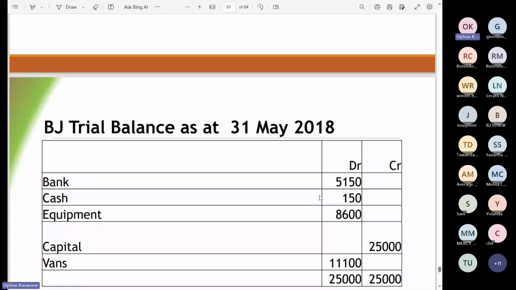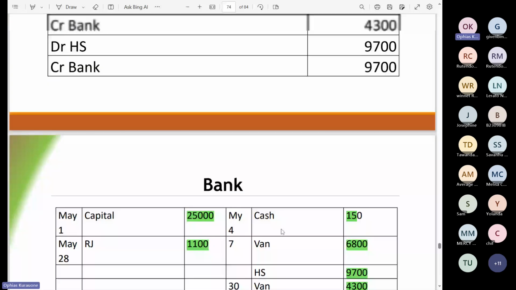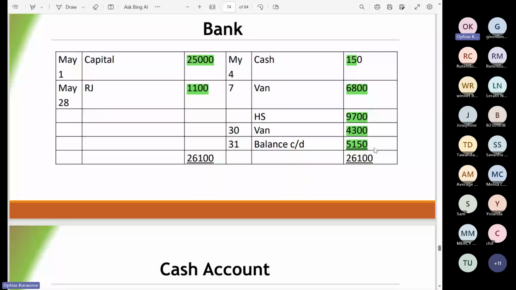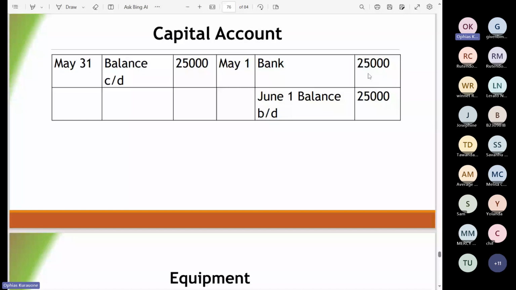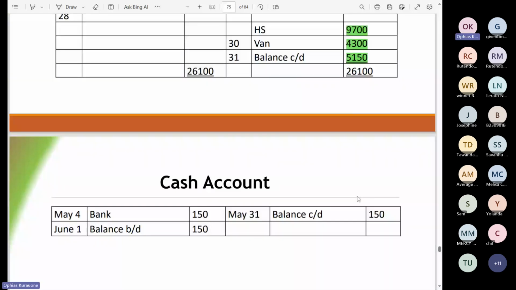On the trial balance, we pick the balancing figure. Let's look at the bank. The bank is 5,150. Usually we start with capital, 25,000, which is on the credit side. Then you go to the bank and pick 5,150, cash 150, equipment 8,600.